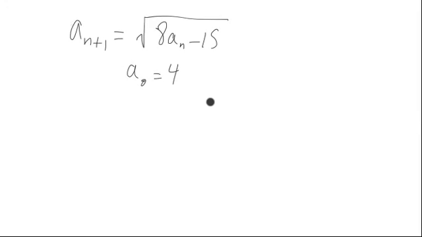Let's show algebraically how we can conclude that if we start at 4, we're going to be bounded above by something. In particular, let's use our intuition from the picture that we've already seen for the sequence, that we're going to be bounded above by 5.